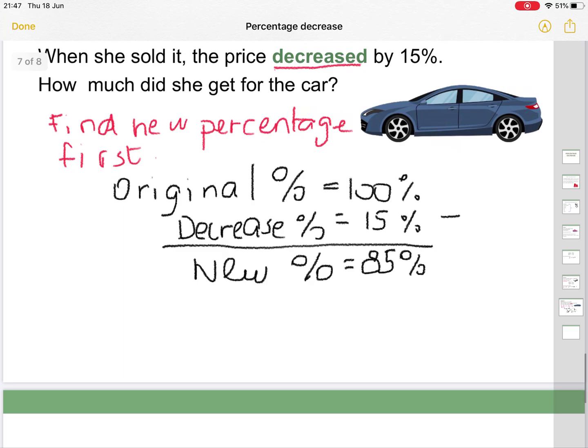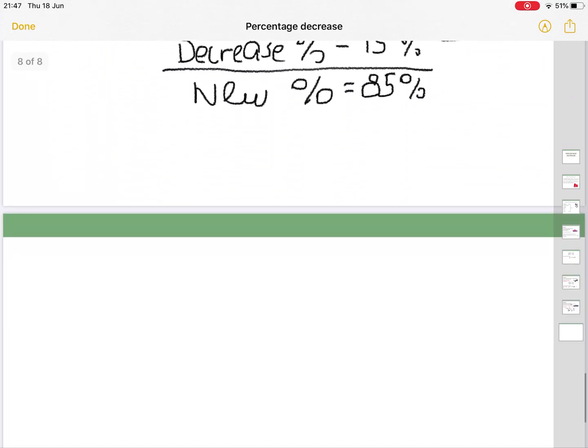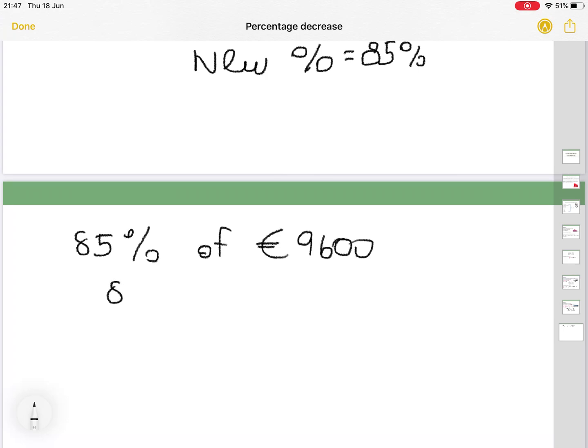So I need to find 85% of the 9,600 euro. Instead of 85%, I write 85 out of 100.